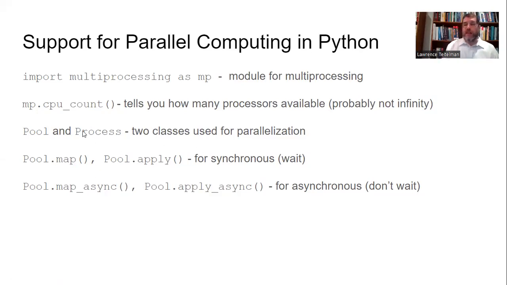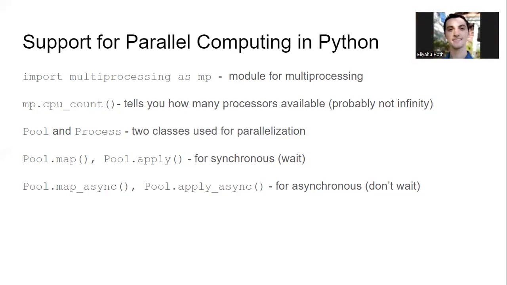In the analysis we've been doing until now, we've been taking for granted that we have infinitely many processors, which I told you is not true, but what we're really doing is assuming we have as many as we want. That's also not true. How many processors are you likely to have if you're on a desktop or a laptop? 4.